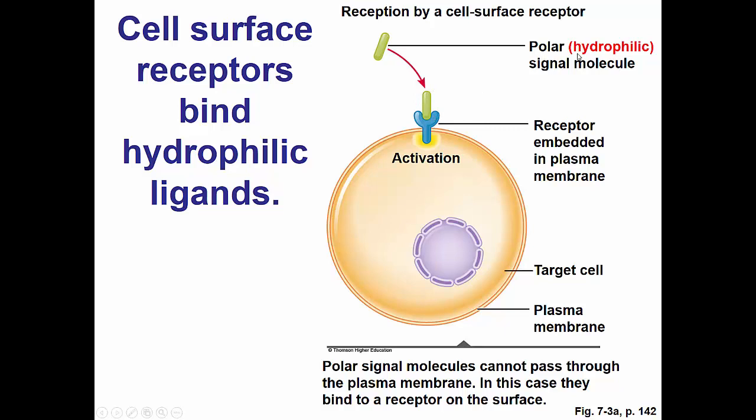So these signal molecules are hydrophilic ligands, and they bind these receptors called cell surface receptors that are embedded within the plasma membrane. Then this cell surface receptor has to send the signal to the inside of the cell, and it's going to lead to some kind of response.